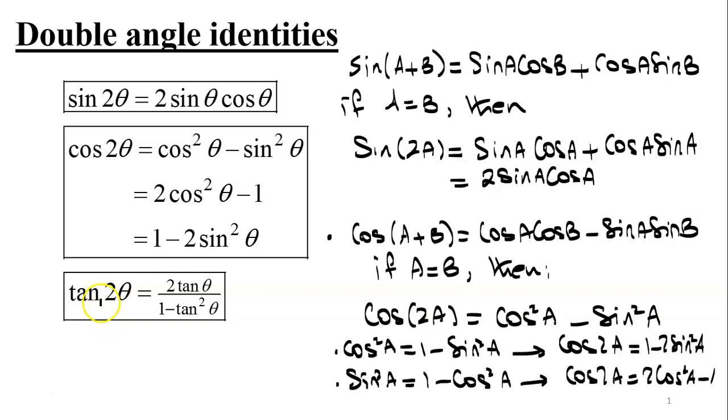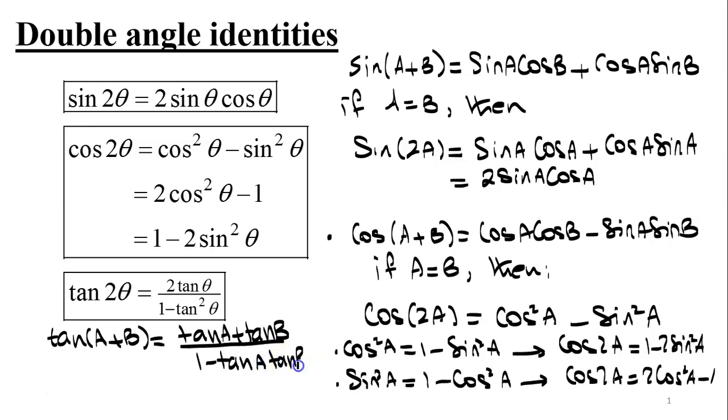However, the double angle identity of tan is in fact tan 2a is 2 tan a over 1 minus tan squared a, and that also comes from the compound angle identity of tan. We already know that tan of a plus b is tan a plus tan b over 1 minus tan a tan b.